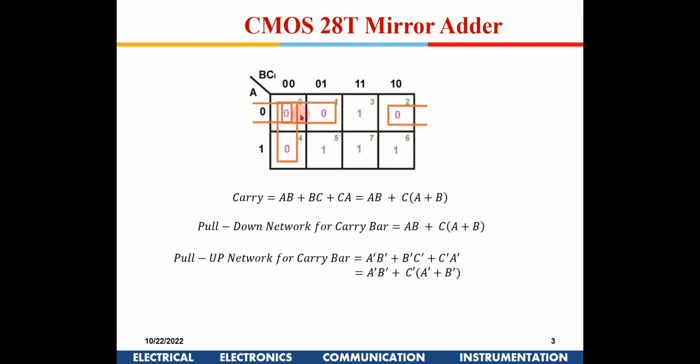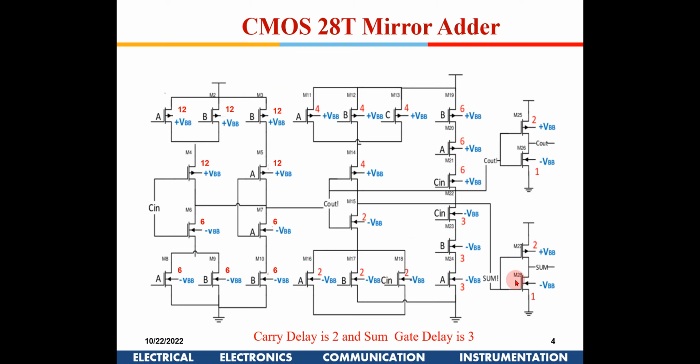Similarly, if you group this, this is 0, and this is A dash B dash, and similarly this corner one and this corner one, it will be C dash and A dash. Again you take C dash common, you will get the same expression similar to this. Only thing is there is an inversion there, and this inversion can be implemented by using a PMOS. So we implemented this particular circuit.